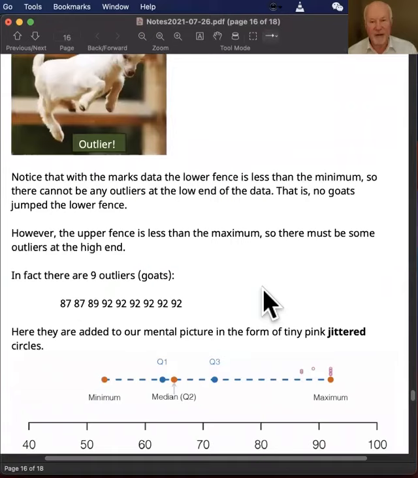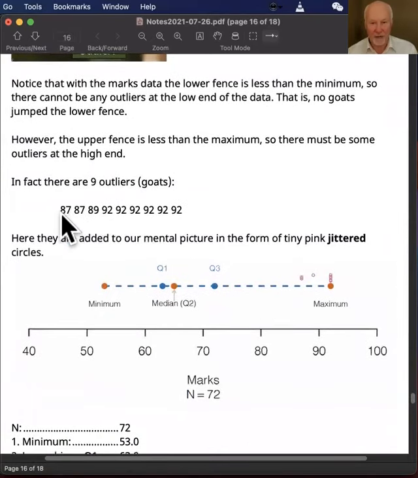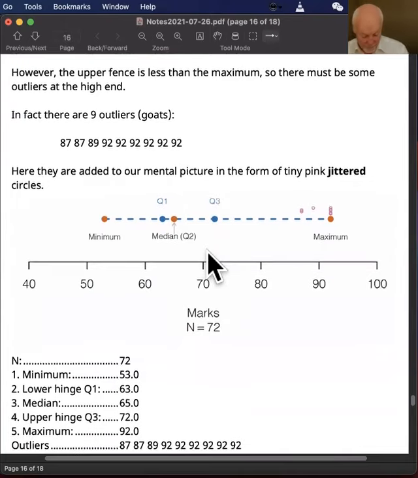In fact, there are 9 outliers. Two students got a mark of 87, which is bigger than the upper fence. One student got 89, and 6 students got 92. I've added them to our little visualization here.